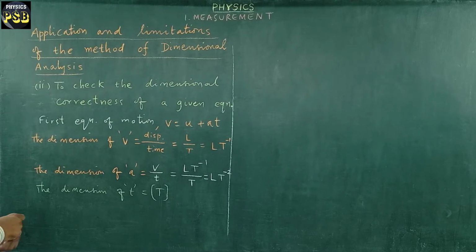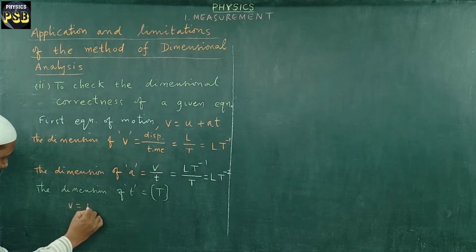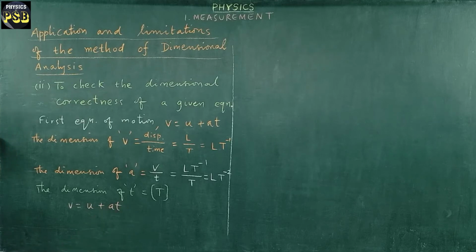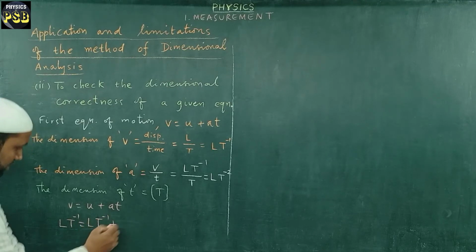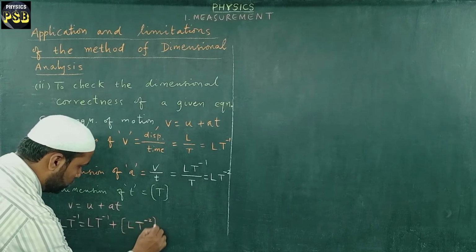Now I am going to apply this method to this equation, V is equal to U plus AT. I am going to substitute the dimension of V, which is LT power minus 1. And the dimension of U is LT power minus 1. Then the dimension of A is LT power minus 2.